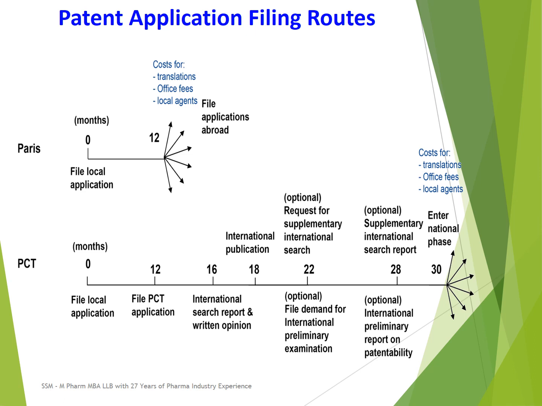You cannot directly file an application abroad. You have to go through the local agents in those countries. So all these are associated with costs. All these costs will be incurred at 12 months in case of the Paris route and at 30 months in case of the PCT route.